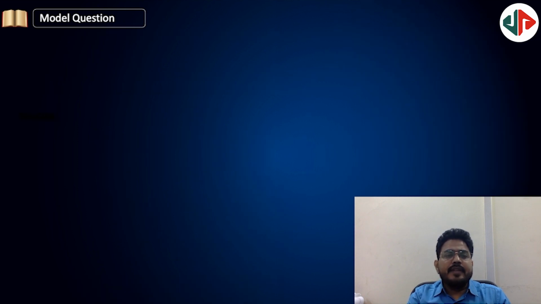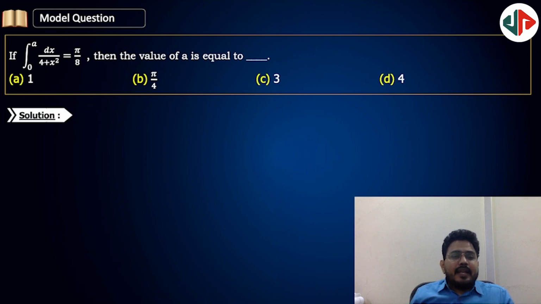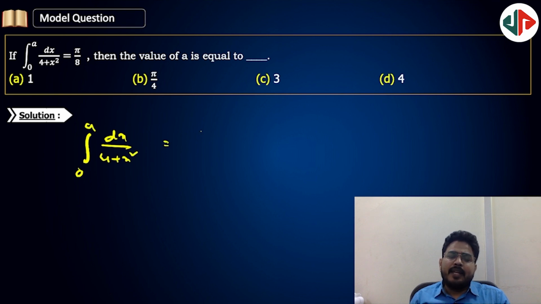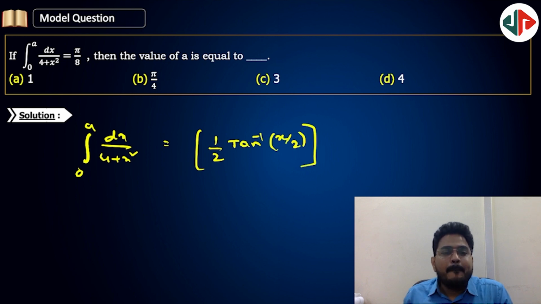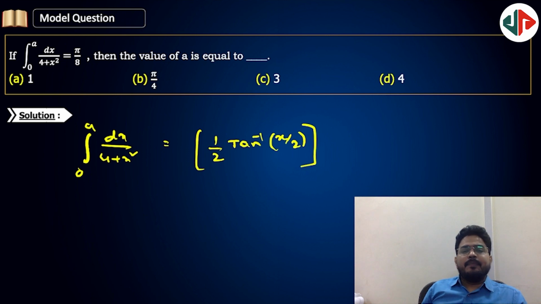Next question is integral 0 to a dx by 4 plus x square. The value of a is... So what will happen? This is 1 by 2 tan inverse of x by 2.